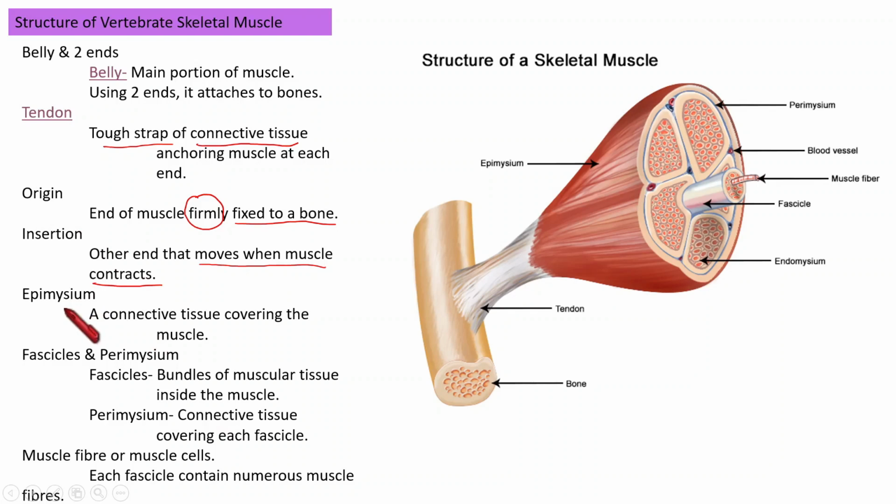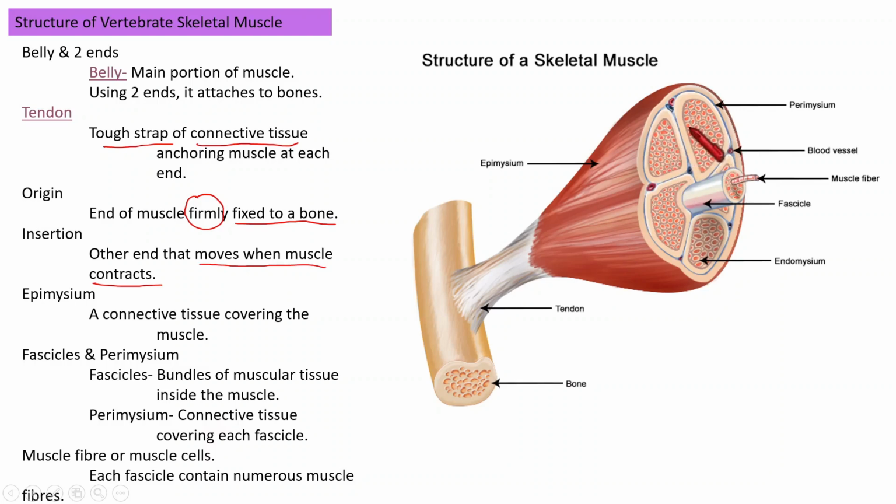What is epimysium? Epimysium is the connective tissue that covers or wraps that muscle. That is epimysium. Then what are fascicles and perimysium? Like any other organ, muscle is also composed of many tissues.